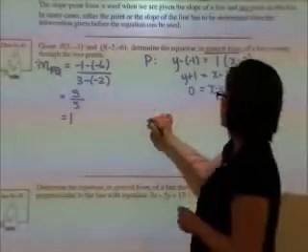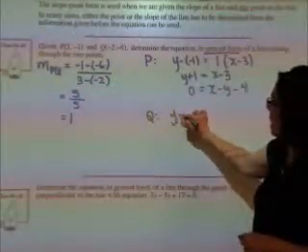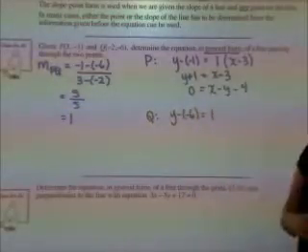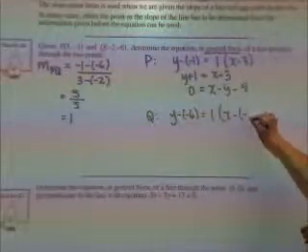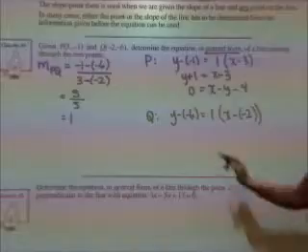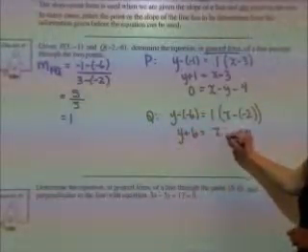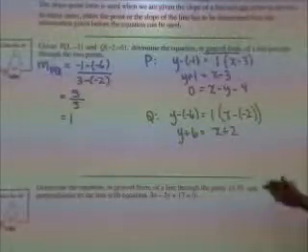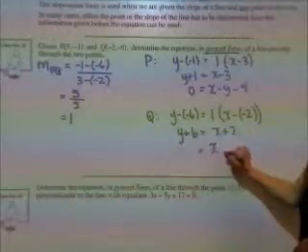If I had chosen the other point, I get y minus y1, so y minus -6 equals m times x minus x1. So I get y plus 6 equals x plus 2. Again, move everything over to the right-hand side because x is already positive.